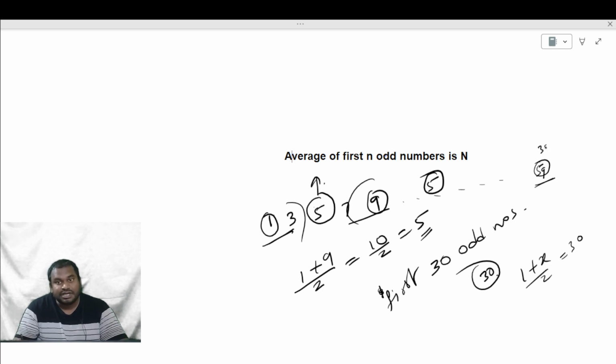So 59 is the 30th odd number. 1 plus 59 divided by 2 is 30. So 30 is the middle value. Somewhere here 30 will be there.